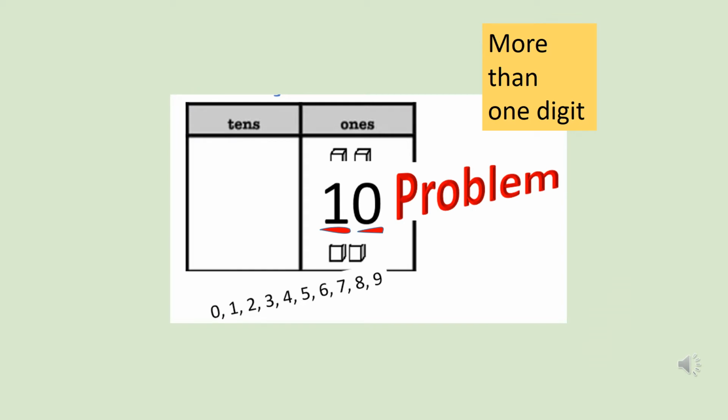Just a reminder from the regrouping video that you already watched. We have a problem when there is more than one digit in any place value. So in this example, if we try to write the number 10 in the ones place, we have a problem because there are 2 digits in the number 10.